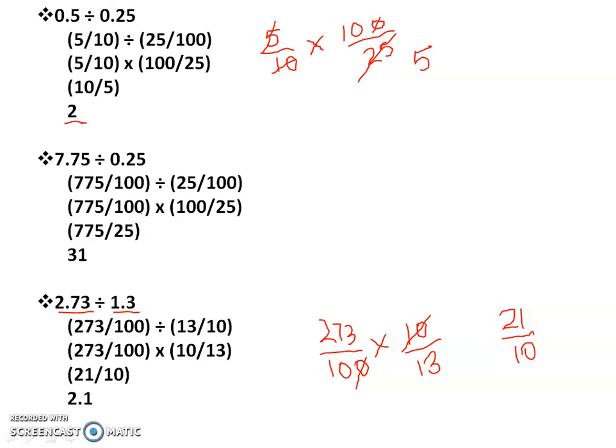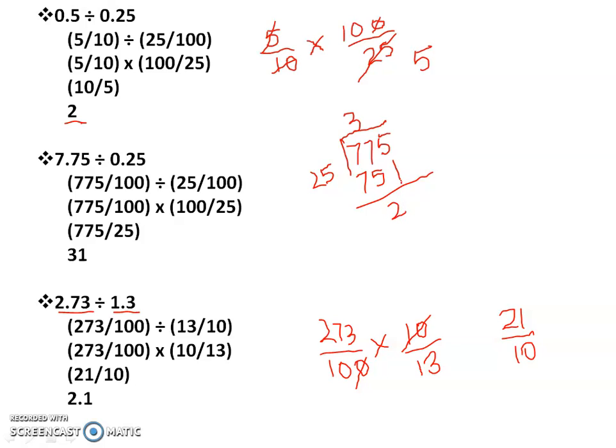Now, here you can see 775 by 25. That is usual division. That's why I didn't show you. 775 divided by 25. That is 25 into 3 is 75. 7 minus 5 is 2.